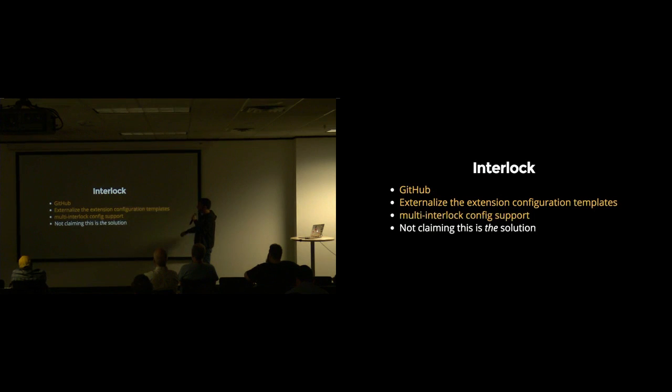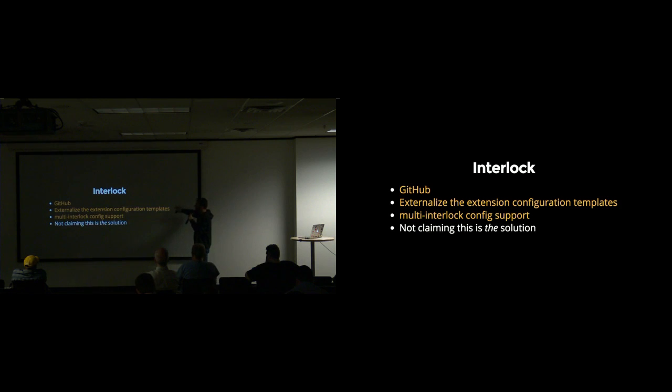If you want to learn a bit more about Interlock, it's just on GitHub right now in this fellow's user space in a repo. When I came to the project, there were a few things I noticed right away that it was missing. It didn't have support for overlay networks. That actually just merged last week.